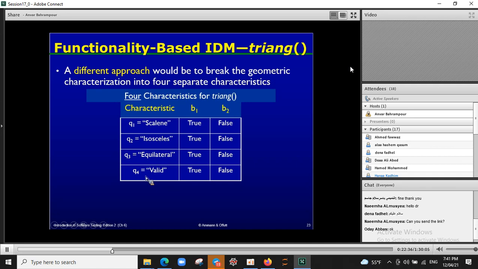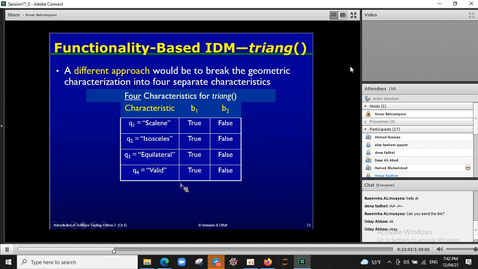This could be done also for all other characteristics, such as the isosceles characteristic, the equilateral characteristic, or the invalidity of triangles, valid or invalid. So we have considered in this example 4 characteristics in isolation.